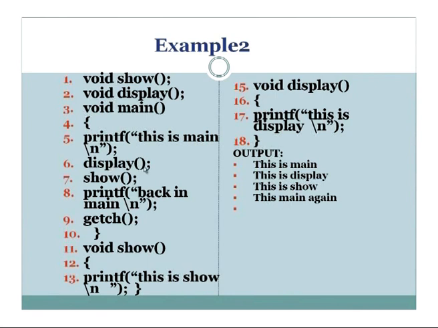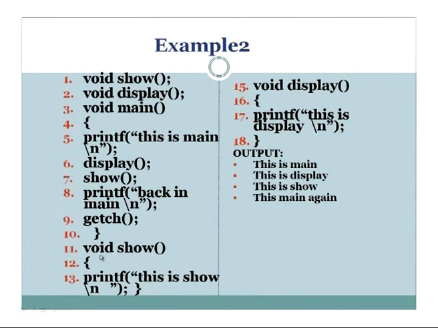When the display function has been executed, then control will come back towards the calling function, that is main in this case. Then the show function will be called at line number 7. From there, control will jump towards the body of show.